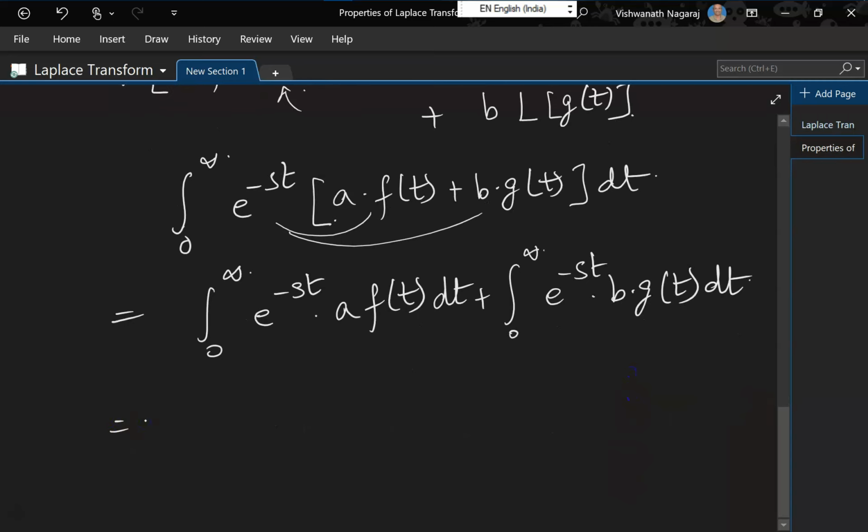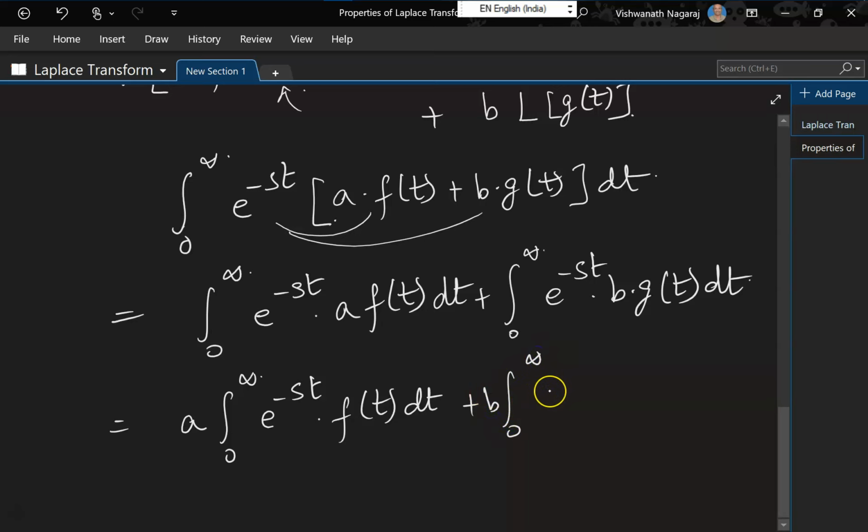Now here a and b are constants, so we can take them out, right? So this becomes a times the integral from 0 to infinity of e to the power of minus st f of t dt plus b times the integral from 0 to infinity of e to the power of minus st g of t dt.